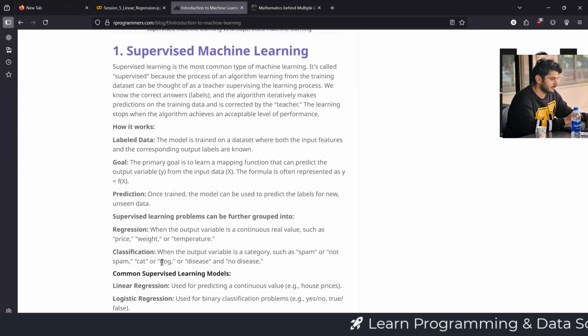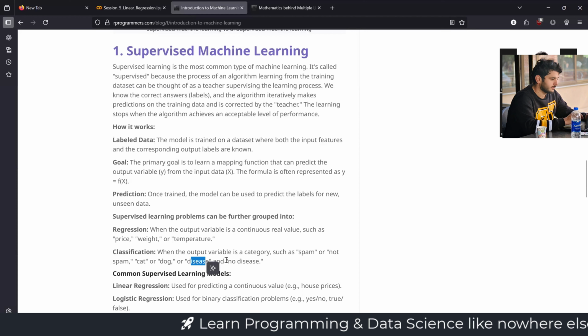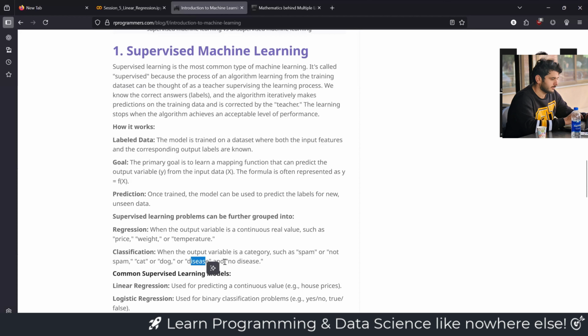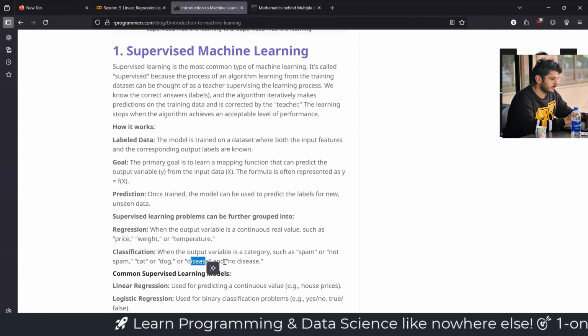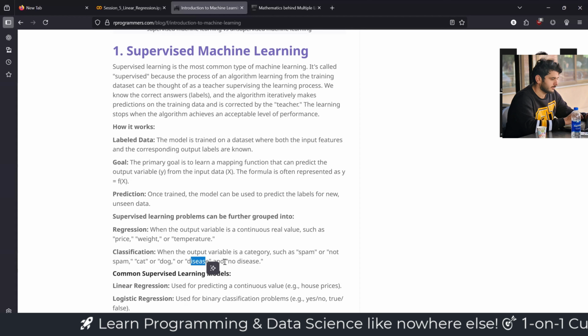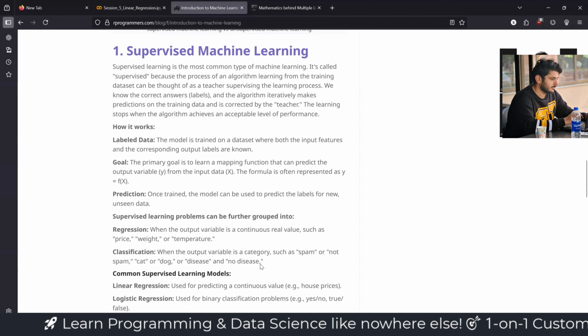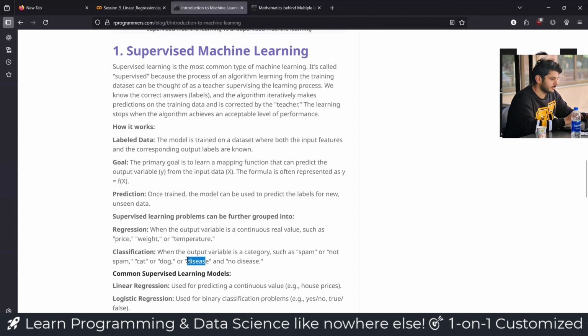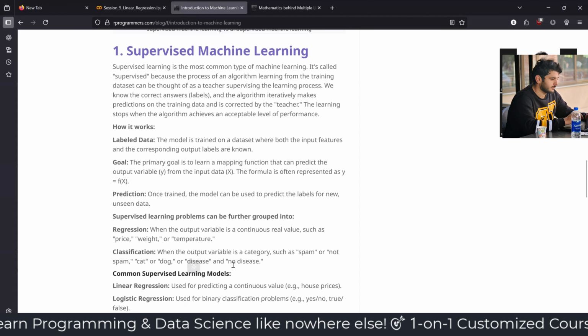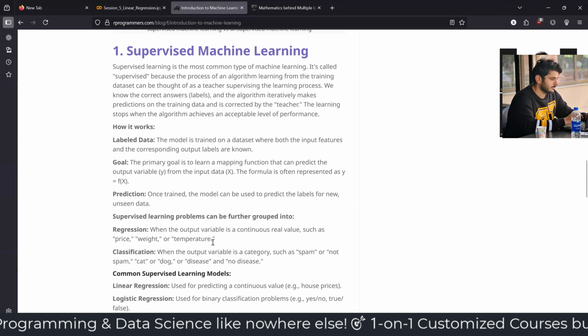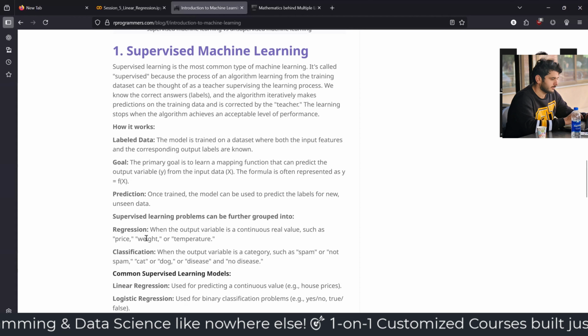If we feed an image to a model and it gives us two outputs, either a cat or a dog, it's basically a classification problem. If we are trying to predict COVID-19, let's say we just give the symptoms of our patient, and based on that, our machine learning model will tell us whether the patient has the disease or not. So this is basically the main difference between classification and regression.